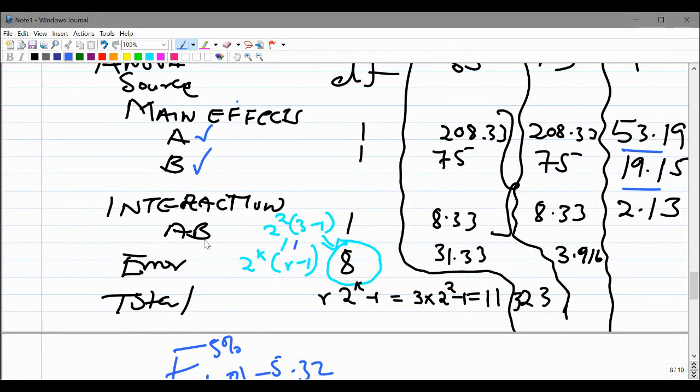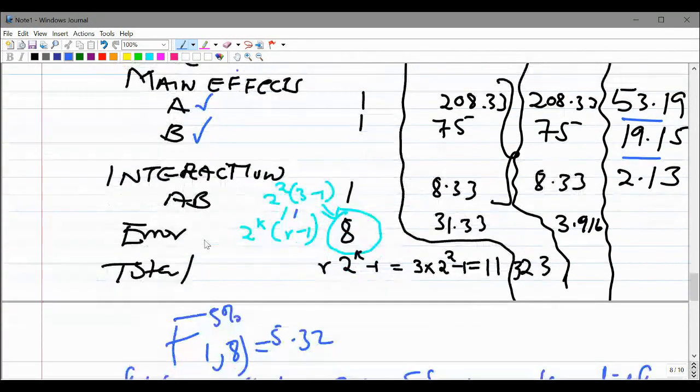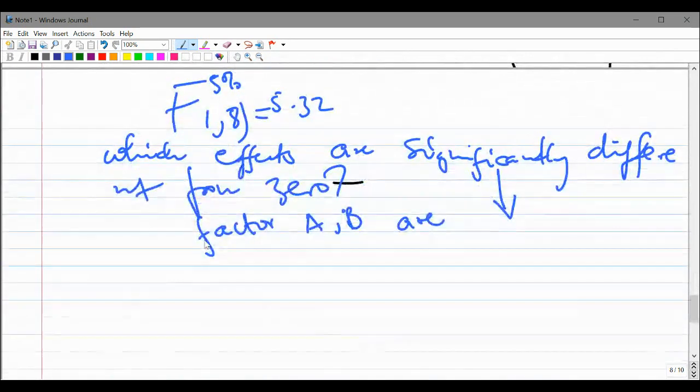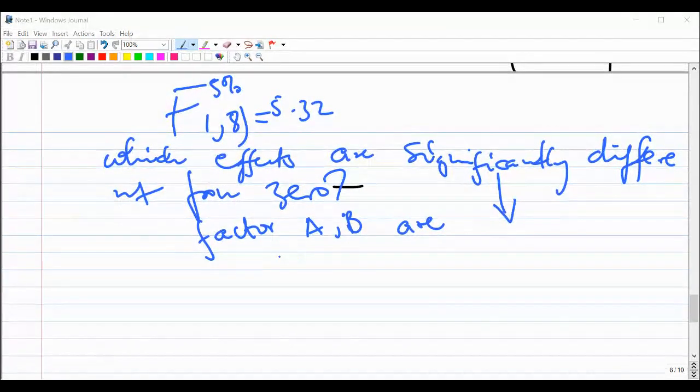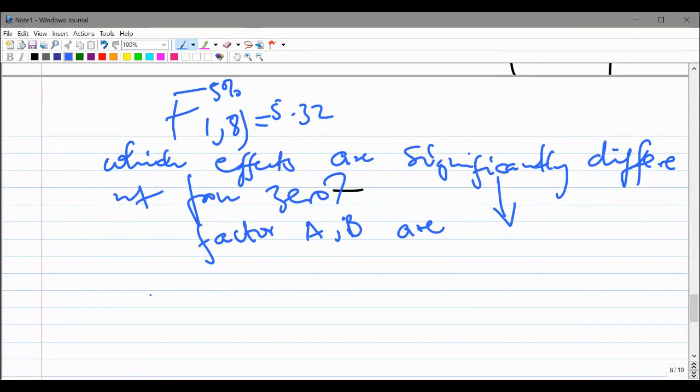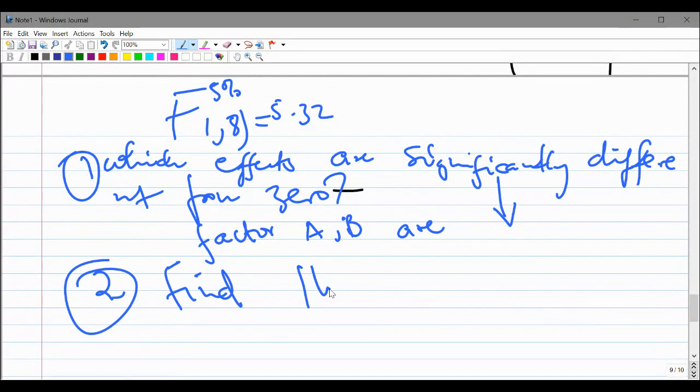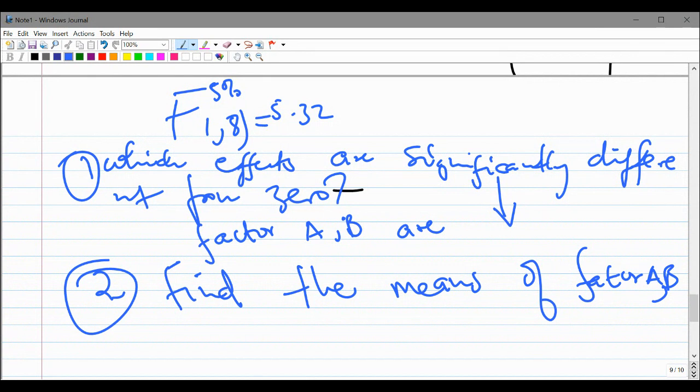So now, suppose I ask you to find the means. Now I want you to find the means. Now this was the first question. The second question, find the means. The means of the factors A, B, and A by B. Let's find the factors.